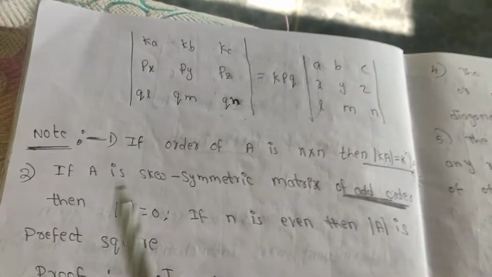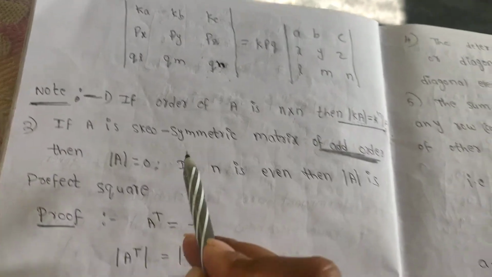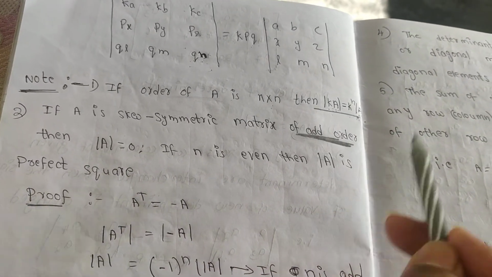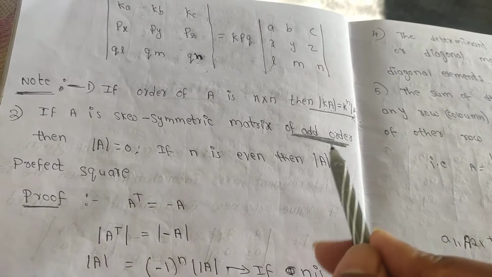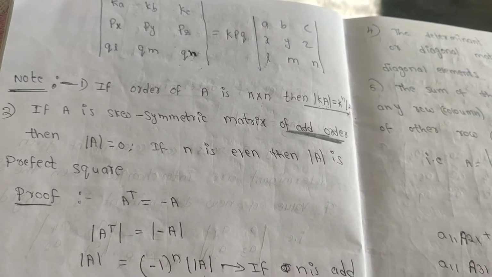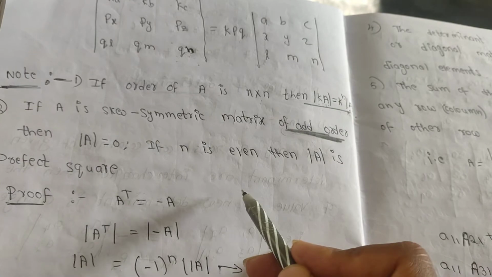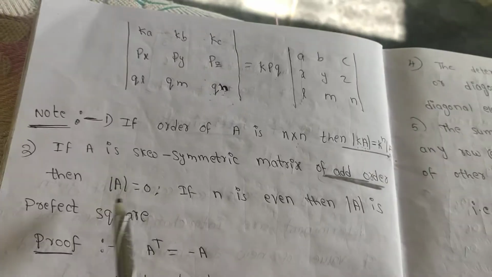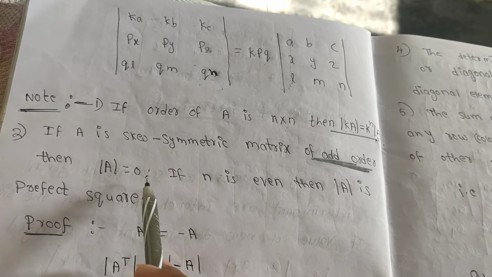Second one: if A is a skew symmetric matrix of odd order, meaning 3 by 3, 5 by 5. Skew symmetric means all the principal diagonal elements are zeros, and the corresponding positions are in the opposite sign. Then determinant of A is equal to 0.